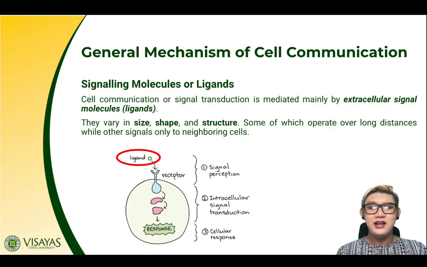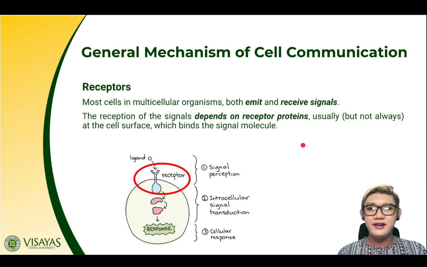These ligands vary in size, shape, and structure, some of which operate over long distances, while others signal only to neighboring cells. Receptors, on the other hand, are found mostly in cells of multicellular organisms.